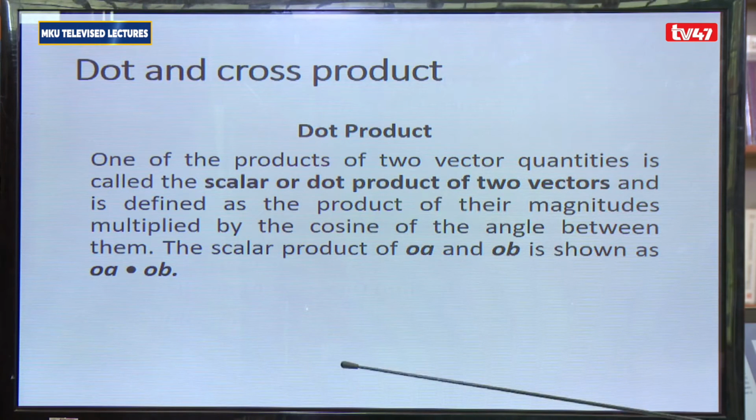So if you perform a vector multiplication and the answer that you get is just a scalar, then that is a dot product. That is the definition.